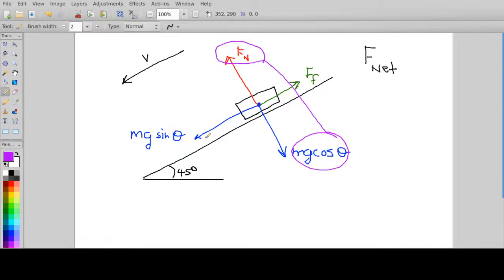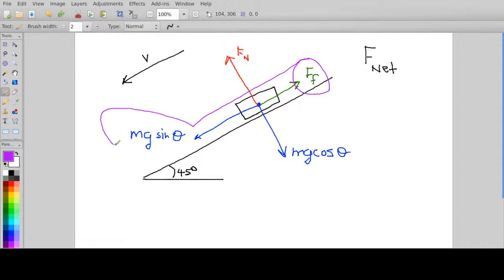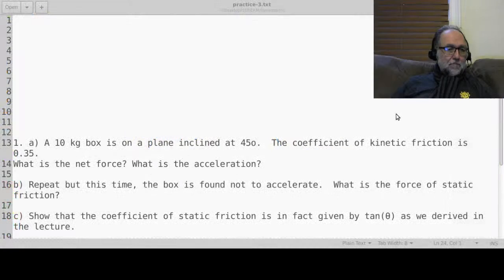The two that are parallel have no effect at all on the perpendicular ones. So the perpendicular totally decouples from the parallel. Those two are going to compete with one another, and the parallel one is going to compete with that parallel one there. So that's why we do it this way. To get that F net, and F net being a vector has two pieces. Let me switch to the other whiteboard.